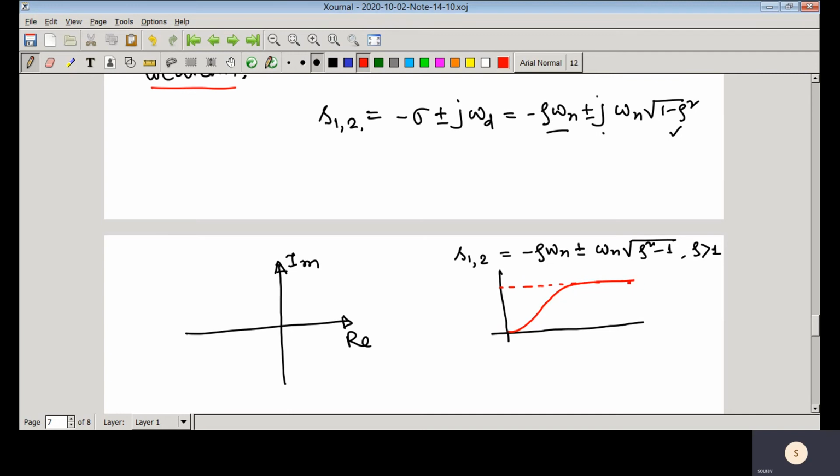This is the overdamped case, and here you can see this is time and this is the output y(t). And what are the pole locations? Both of them are real poles, and here zeta is greater than 1. So both of them are real poles and they are lying in the left half of the s plane. So this case is the overdamped case.